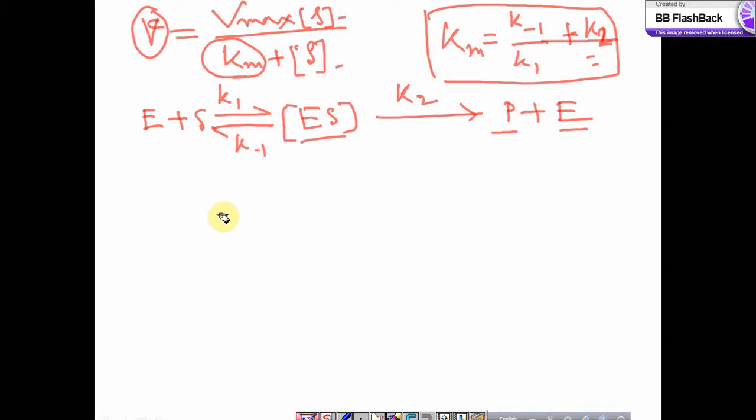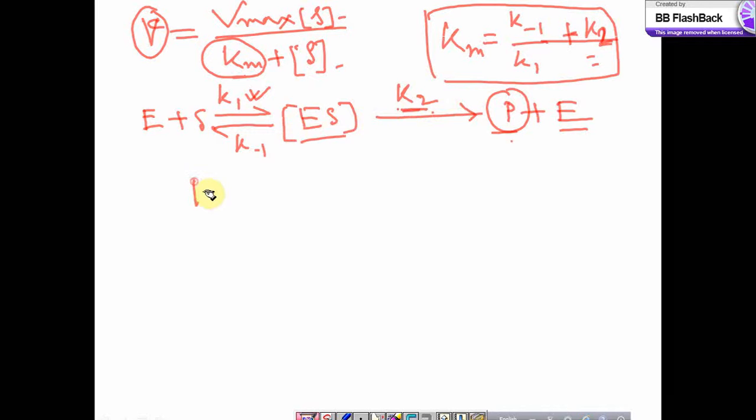If you take a deep look into this, according to the Michaelis-Menten equation, the enzyme substrate complex formation is very high. That means this k1 constant is very high. At the same time, the product formation is very low. That means this k2 value is also low.